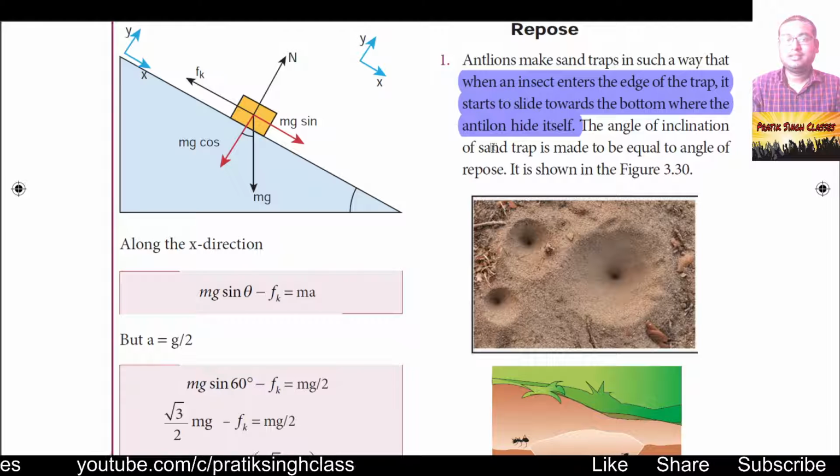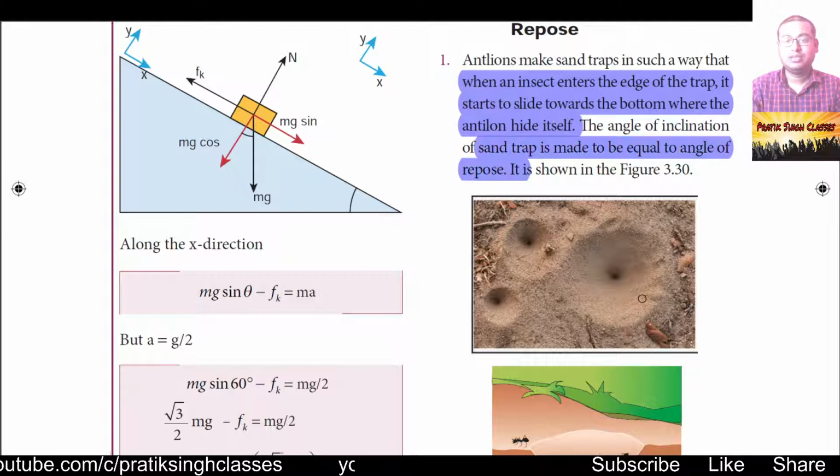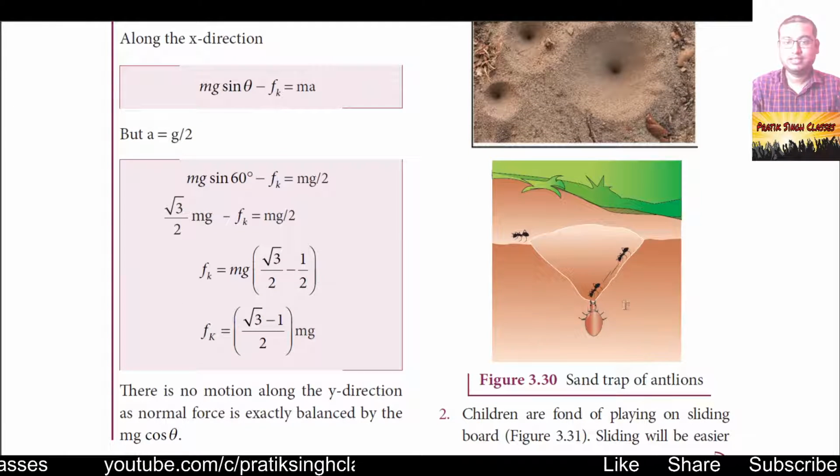The angle of inclination of the sand trap is made equal to the angle of repose, so anything which comes here will slide inward, and it will become a very good supper for the antlion, as you can see in this figure.